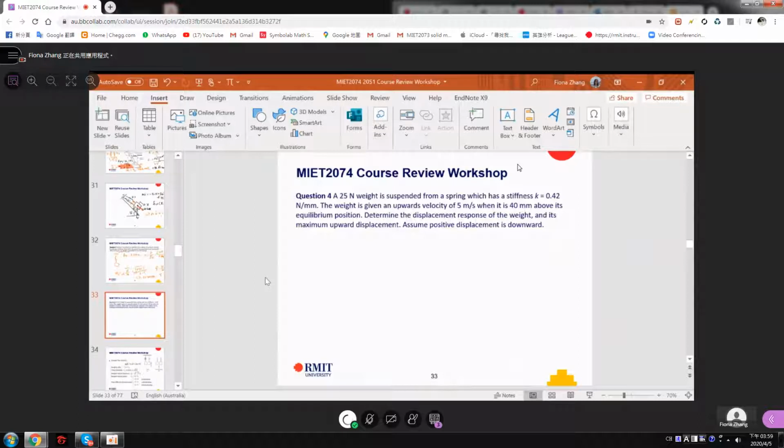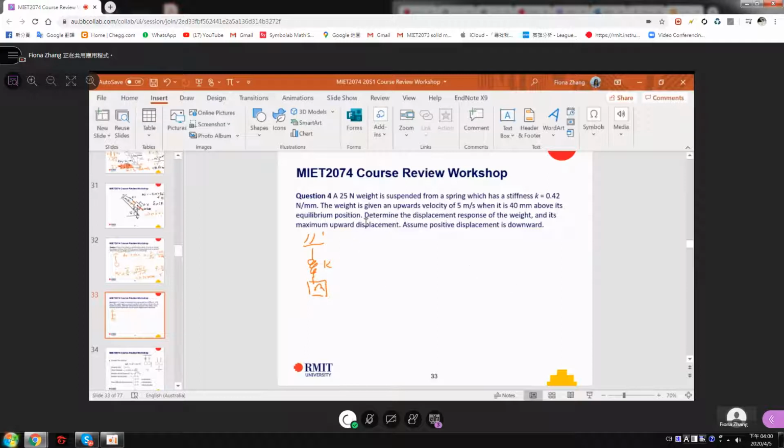So the last example is actually to calculate the response. Right, so question 4: a 25 Newton weight is suspended from a spring. So this is also a simple system. A weight is suspended from a spring with a stiffness, so actually it is a very simple system like this, K and M. The weight is given an upward velocity of 5 meters per second when it is 40 millimeter above the equilibrium position.